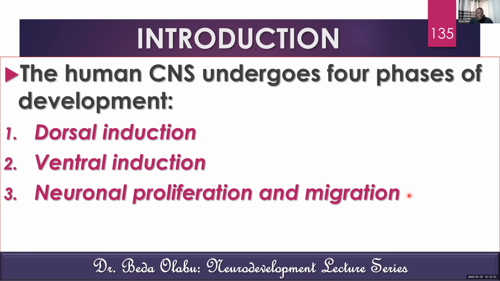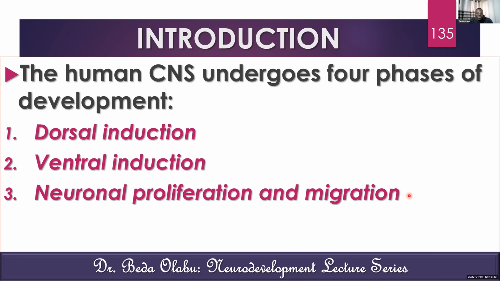After that, we have a phase we are calling the phase of neuronal proliferation and migration. What occurs in this phase? This is the phase when neurons increase in number. It is a period of neurogenesis. And when neurons increase in number, something else also happens. The neurons migrate from deeper zones to peripheral zones. What's the aim of this migration? The aim of this migration is to form the cerebral cortex.